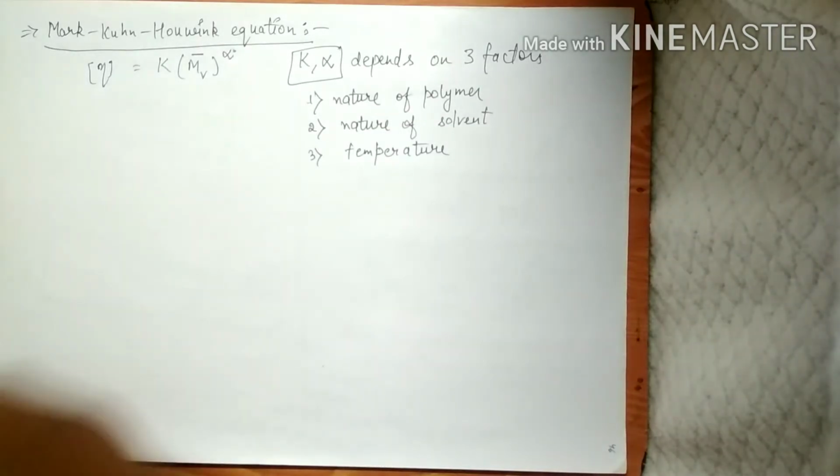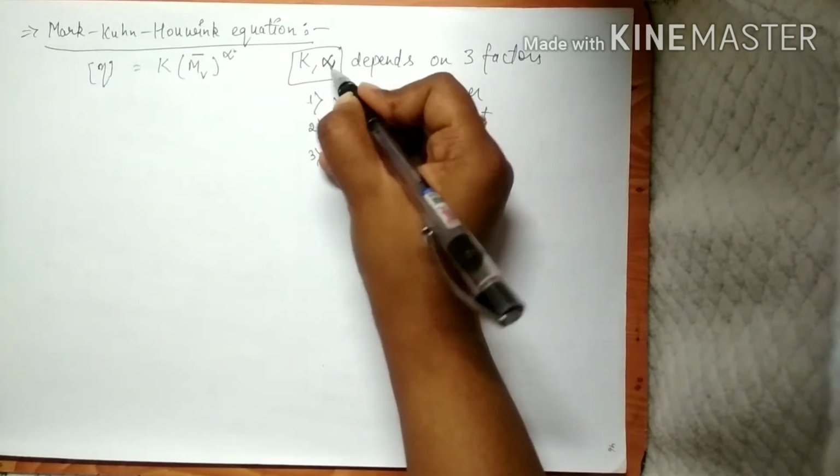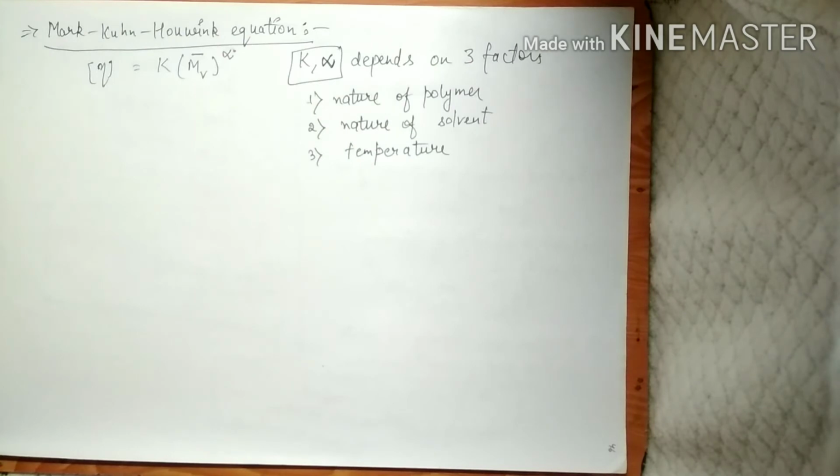Okay, so these are the three factors on which the values of your K and alpha are going to depend. Alpha is also going to specifically depend upon the geometry and shape of the molecule, but these are basically the three factors. If we are talking about the geometry and shape of the molecule, we are also talking about the nature of that solute.